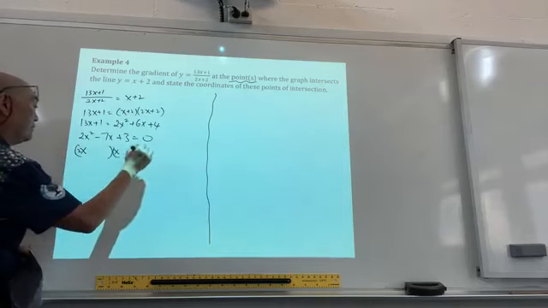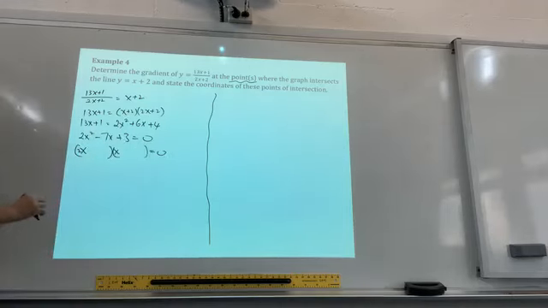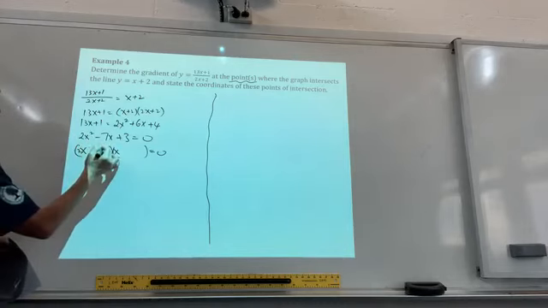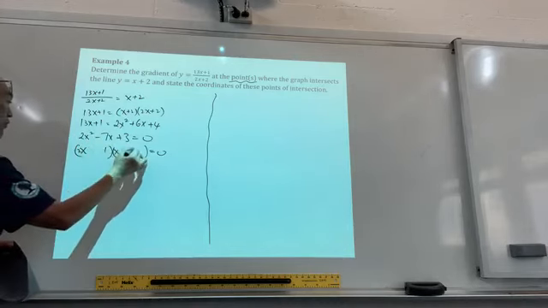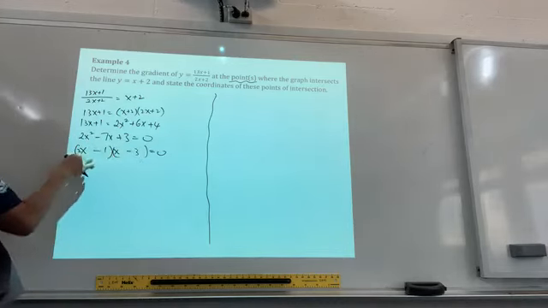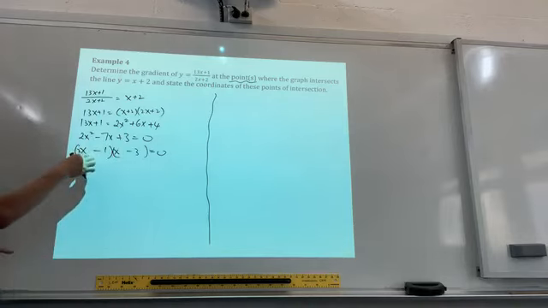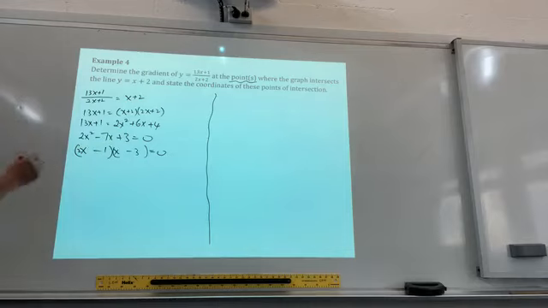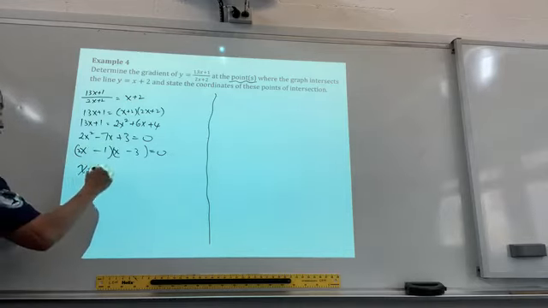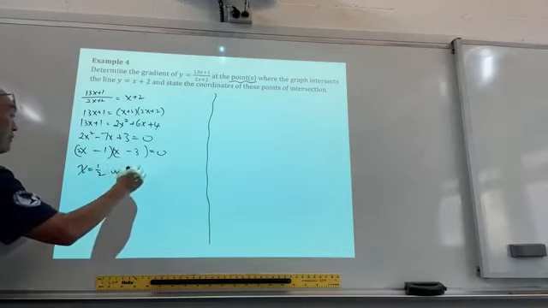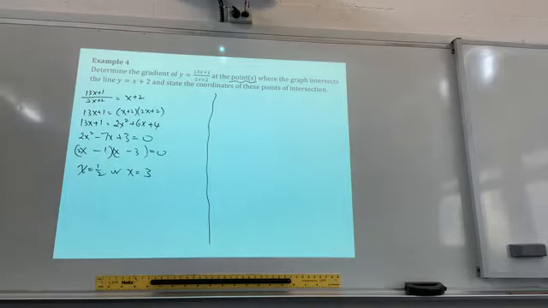2x and x equals 0. So here, one would be 1 and 3 minus 2x is minus 6x, minus 1x will give you minus 7x. So therefore, x equals half or x equals 3. Correct?